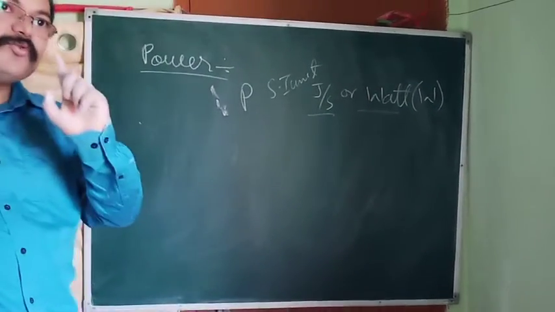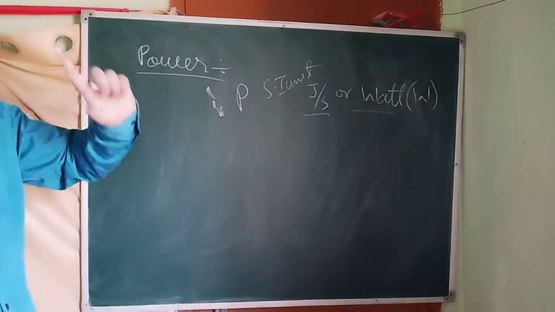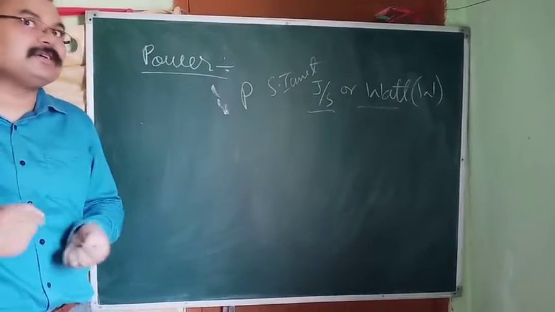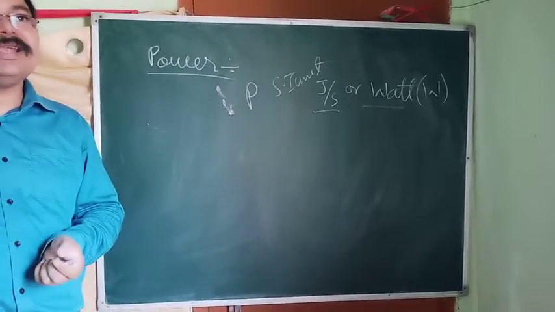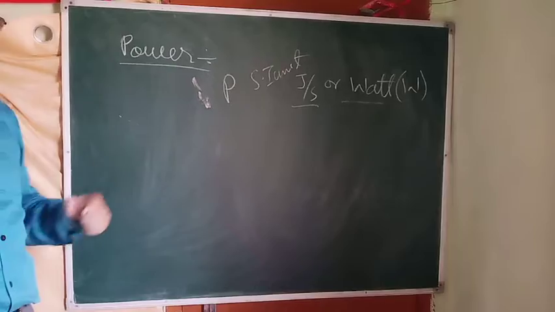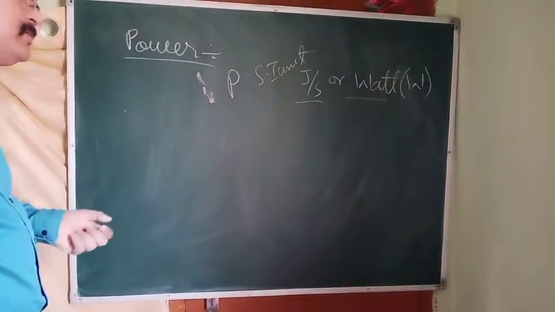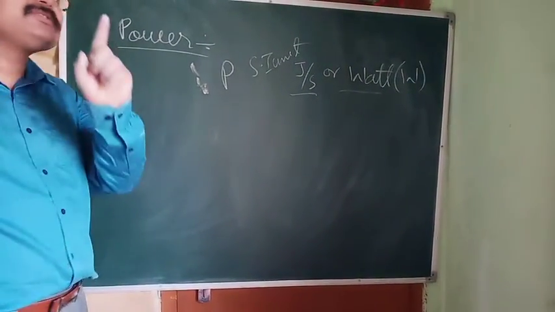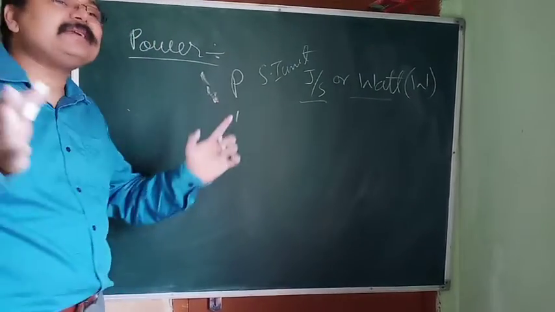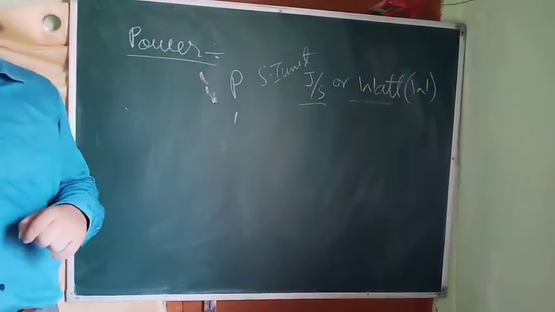Because for work, you know from class 9th, there must be application of force as well as displacement. Only then is the work done. But you cannot show in the LED where the force is applied and where displacement is there. So the other part of the definition means the rate of consumption of energy, that means with what speed it is consuming energy, that is called its power.